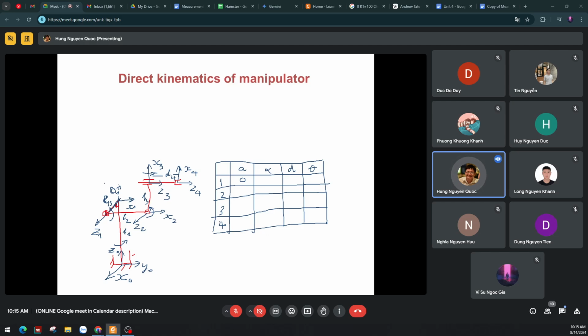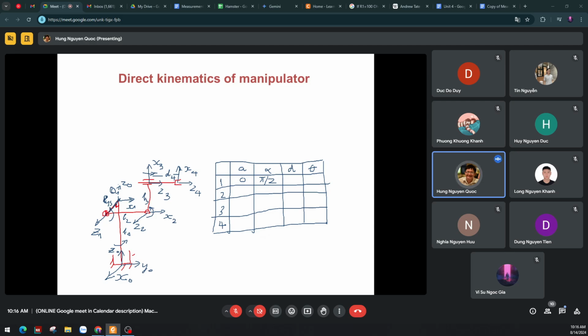You rotate G0 to be coincident with G1. So what is the angle? Pi over 2. Do you agree? G0 is in this direction, and you rotate it coincident with G1. So it's pi over 2.